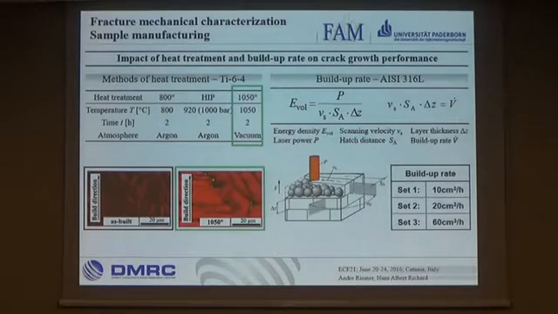The last point that was investigated in this work is the build-up rate. Here we analyzed it on the stainless steel, and the build-up rate was varied between 10 and 16 cubic centimeters per hour, and this is necessary in order to get a high efficiency for production parts.